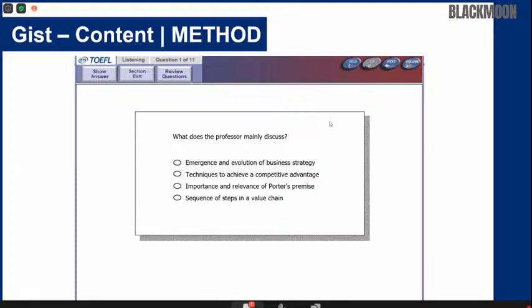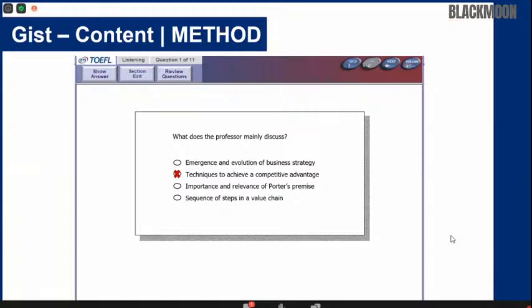Now I'll show you how I would eliminate other answer options, okay? So, emergence and evolution of business strategy. A lot of you said strategy in business, which is basically the same thing. When you made your summary sentence, a lot of it revolved around strategy in business. So that could be the correct answer. How about techniques to achieve a competitive advantage?